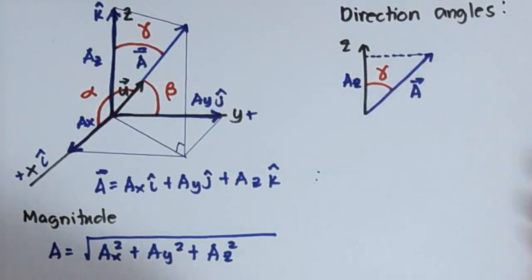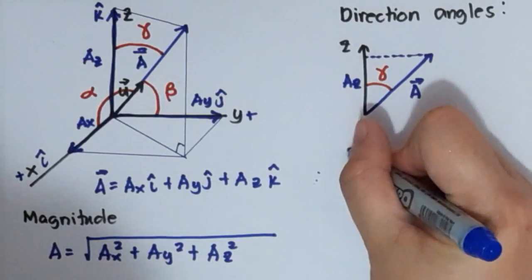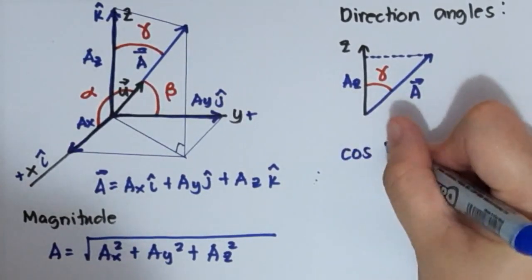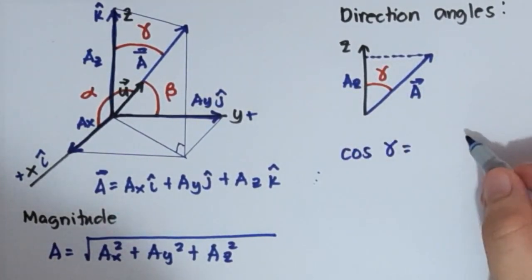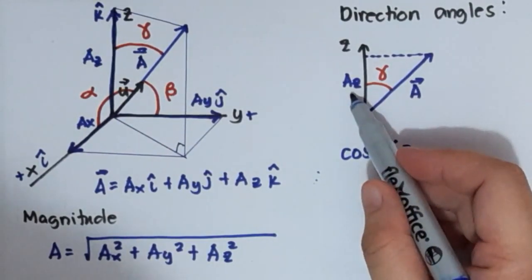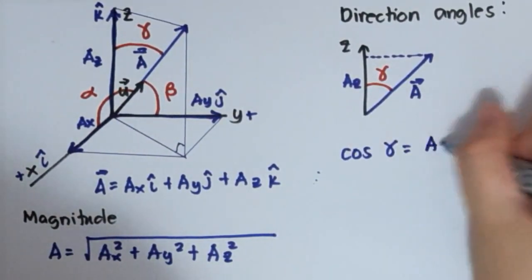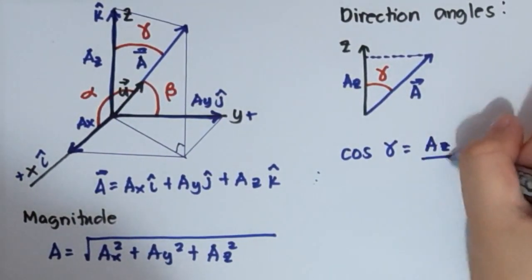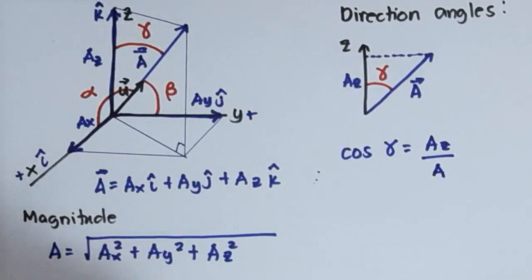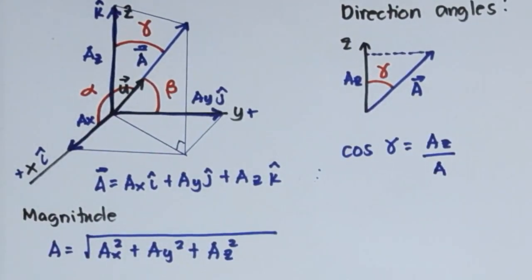And since this is gamma, we can have the relationship using cosine. Based on cosine, cosine gamma is equal to az over the magnitude of A. Okay, so this is the formula for the direction angle.